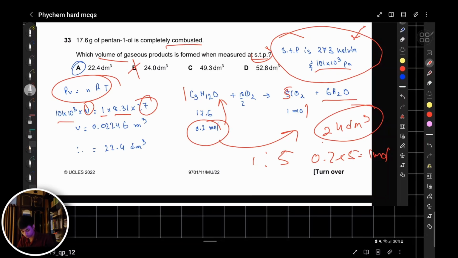Okay, so it's supposed to be this most likely. I'll check. 101 times 10 to the power 3 divided by 8.31 times 273.